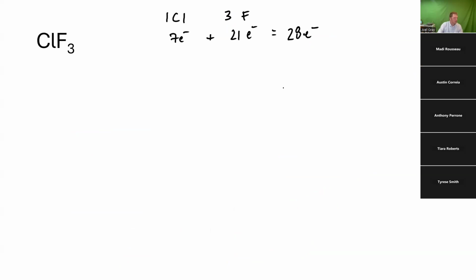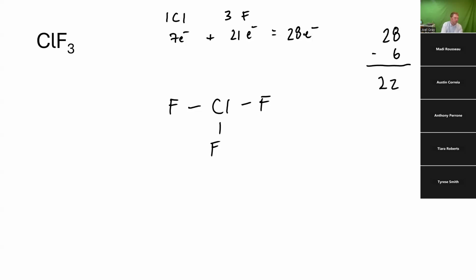Chlorine as our central element, Cl. Then we have F, F, F. 28 minus 6. Does everyone follow? Give me a 1 in the chat if you follow, and a 5 in the chat if you do not follow this math right here. Okay, so we got 22 electrons left to draw.